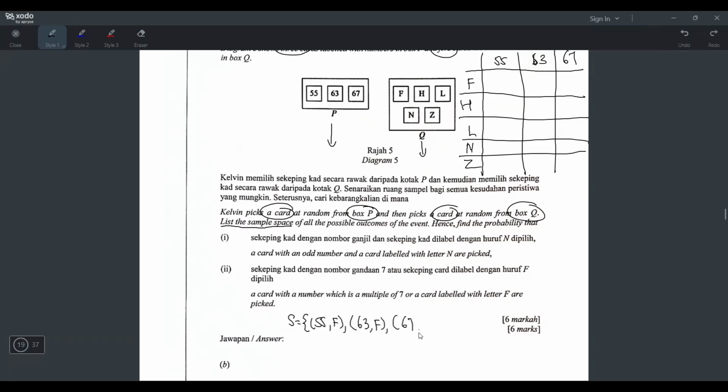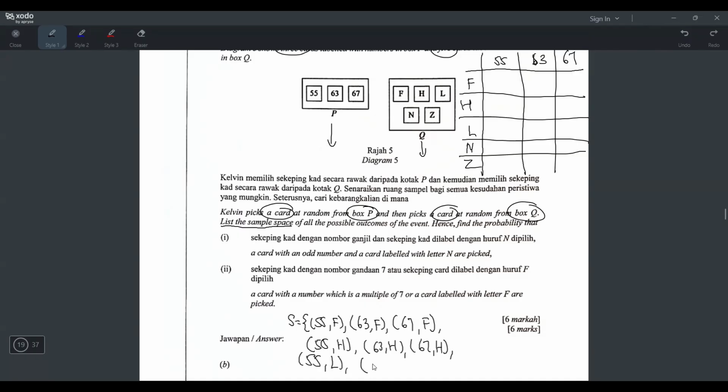Next one is 67F. Then 55H, 63H, 67H. Next one will be 55L.